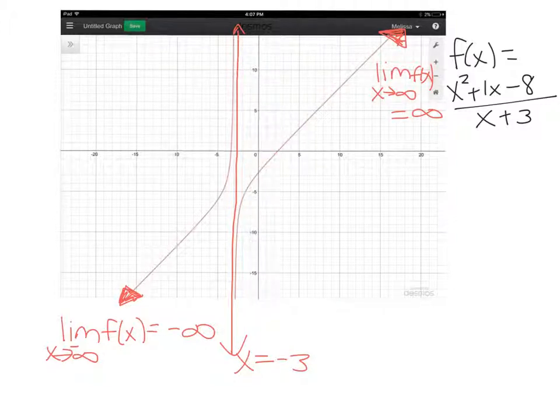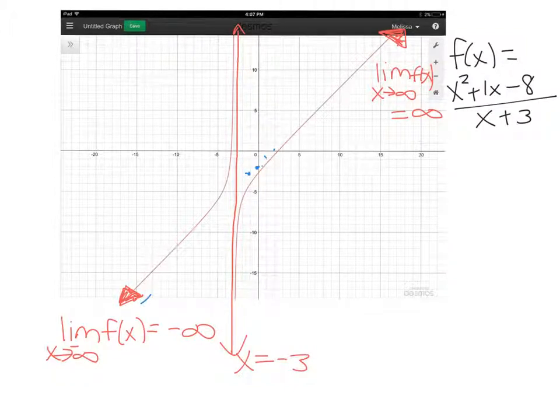Our oblique asymptote was the equation x minus 2. So if you have x minus 2, my y-intercept is at negative 2, and my slope is positive 1. So I'm going to go up 1 and over 1, up 1 and over 1, up 1 and over 1, or down 1 and left 1.